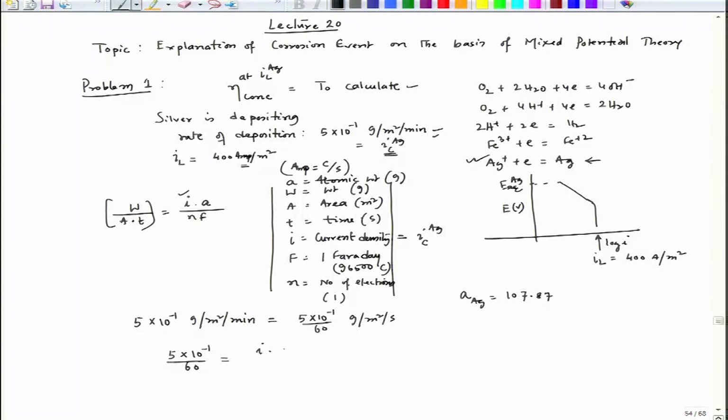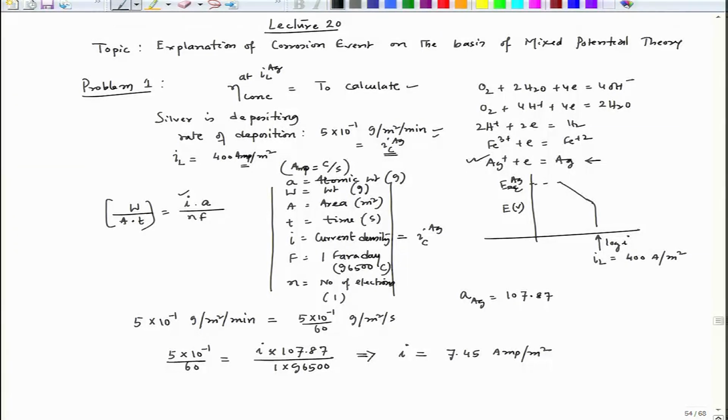So, into 107.87 divided by 1 into 96500. So, I would get I to be 7.45 ampere per meter square.